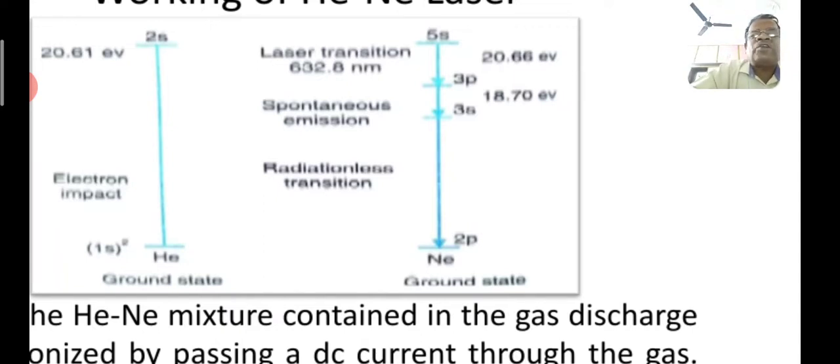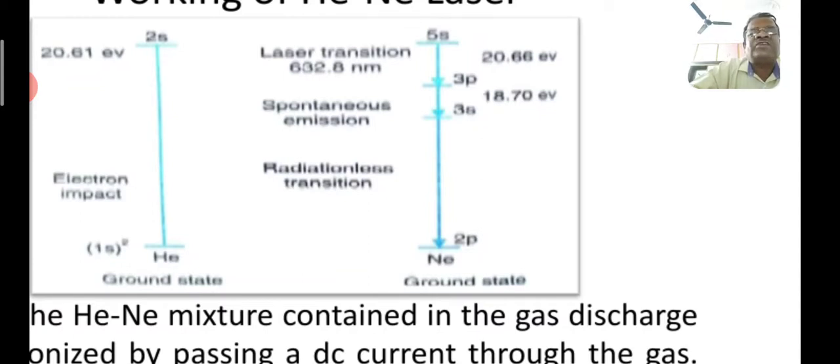The most important point we have to observe is the atoms excited in the helium gas. Almost all the atoms are excited to the 2s state when electron impact takes place. That is, 20.6 electron volt energy they acquire and they reach the 2s state.